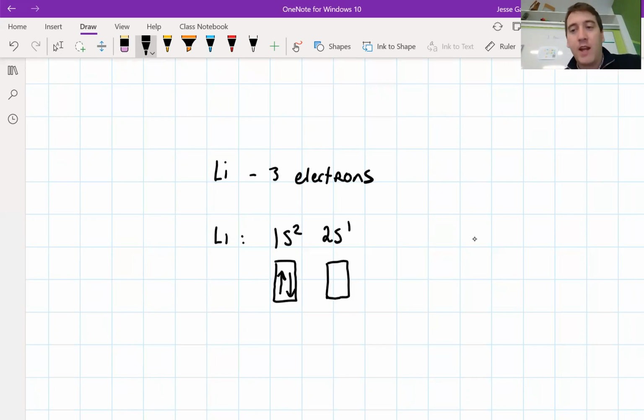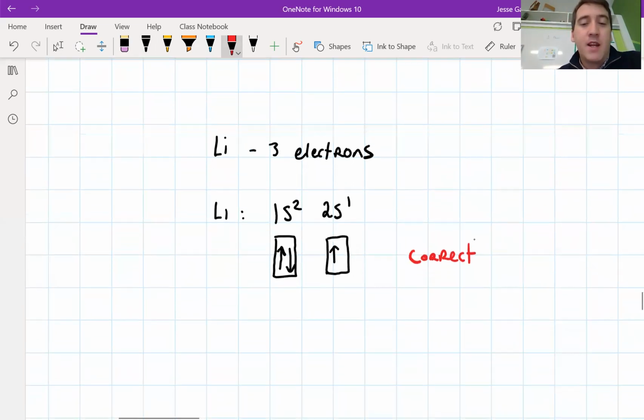That's how electrons will fill orbitals. And there's 1 electron left. You can draw this whichever way you want, up or down, because there's only 1 in here, so it doesn't matter. I'm going to draw it up. This would be a correct spin diagram for lithium.